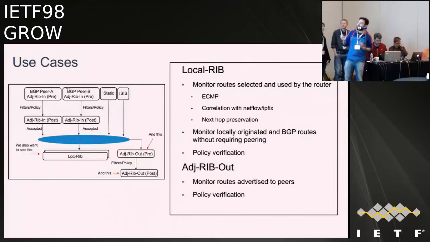So okay, that's it, and then of course policy verification. You have policies with BGP, so it would be nice at every stage to verify that the policies have the impact on the routes that you are expecting. And of course, the use case for adj-rib-out is very intuitive: checking what you are advertising to peers.